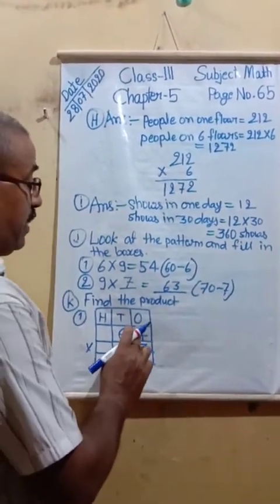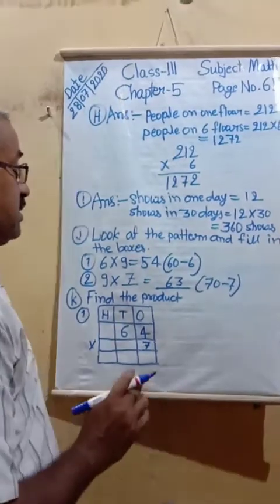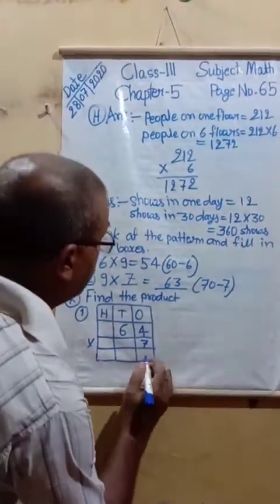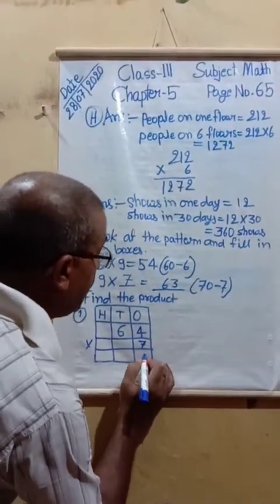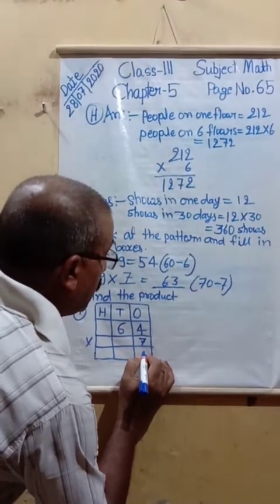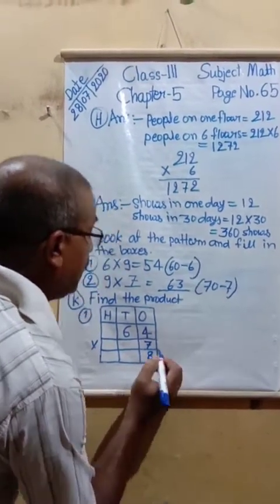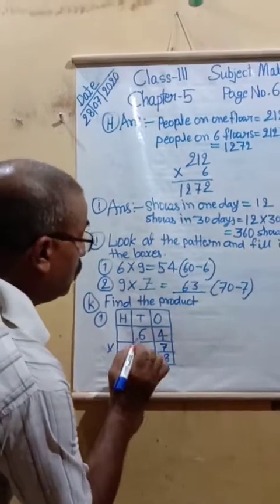Now we will read table 4. 7 chances. 4 7 ja 28. We will write here 8 carry 2.